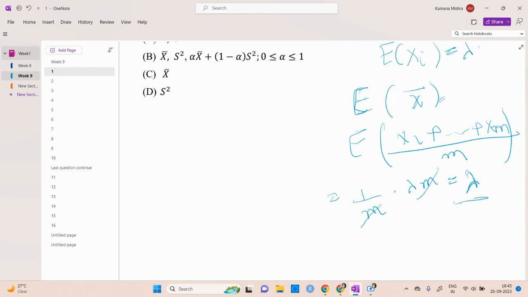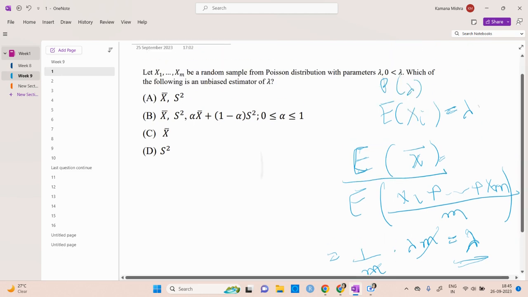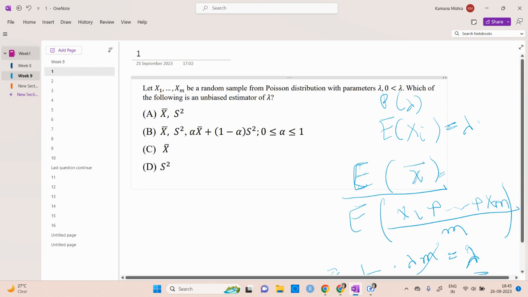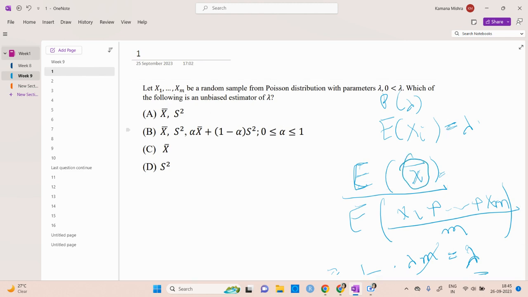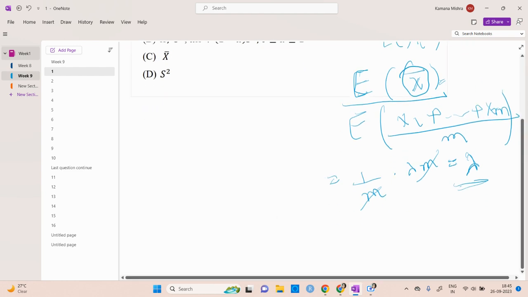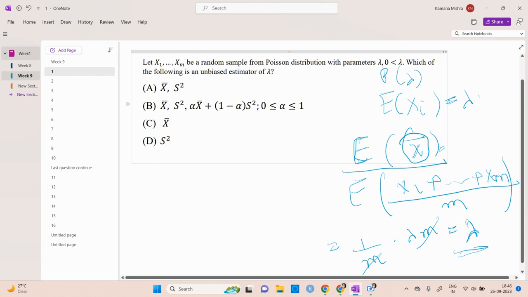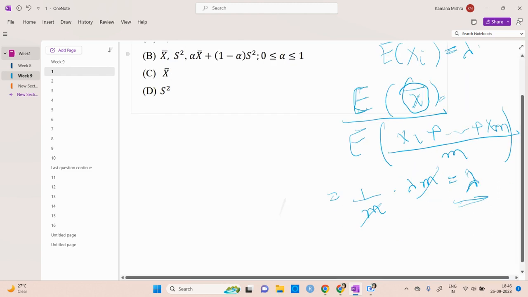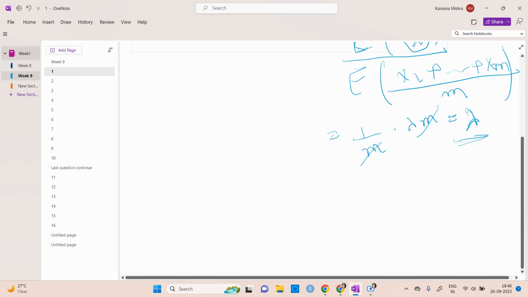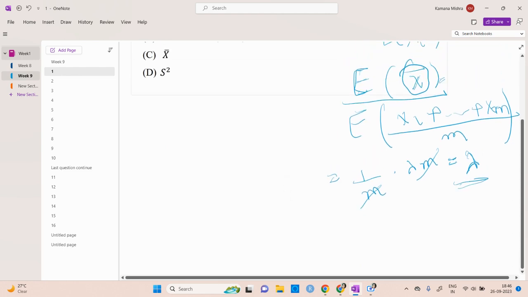It is equal to lambda. So X bar as an estimator has its expectation equal to the parameter itself, so X bar is an unbiased estimator of lambda. Next we need to find the expectation of S square.